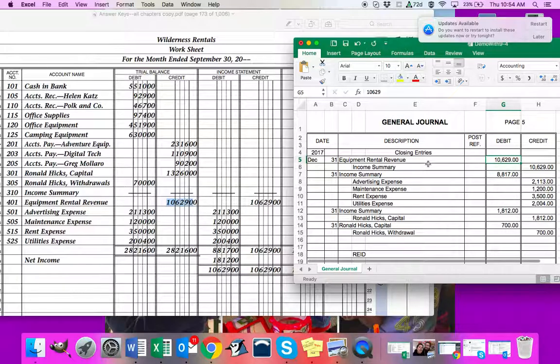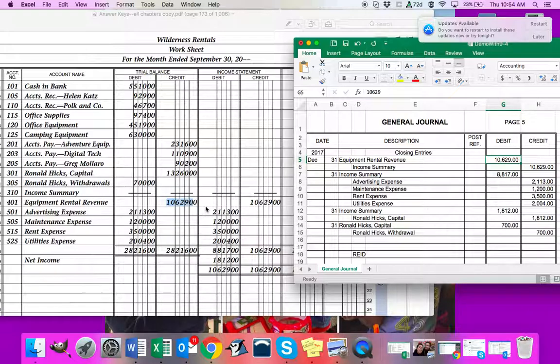Also at the top, notice I started with closing entries, because usually with each transaction you have what's called a source document, and closing entries don't really have one. So we're going to close equipment rental revenue by debiting $10,629. It is our only revenue account, so we need to have a place to shift this money.